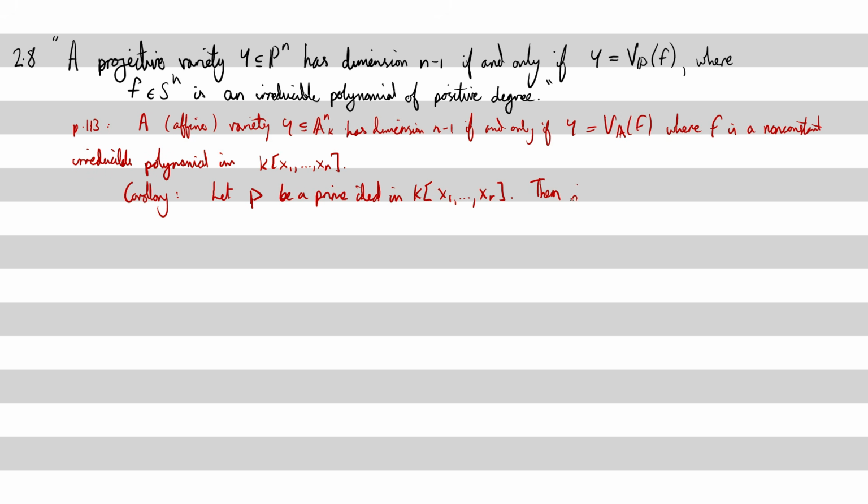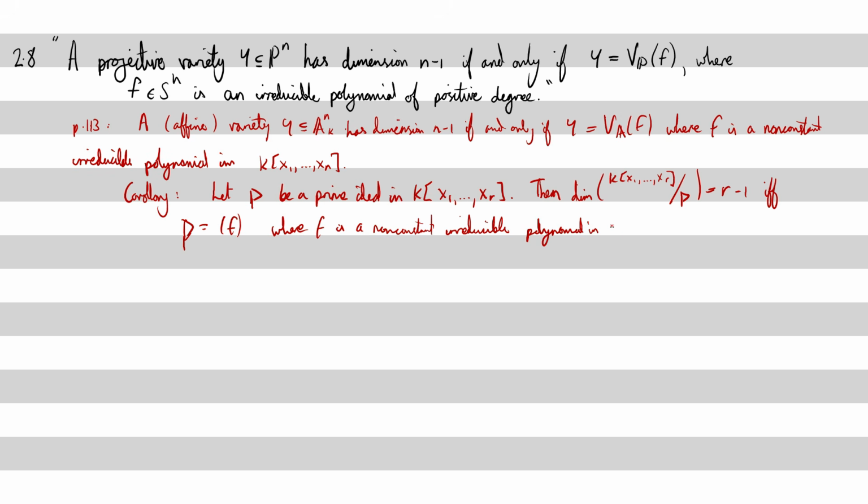Then the Krull dimension of the quotient ring is of dimension r minus 1 if and only if P is the principal ideal generated by F, where F is a non-constant irreducible polynomial in k[x1, ..., xr].